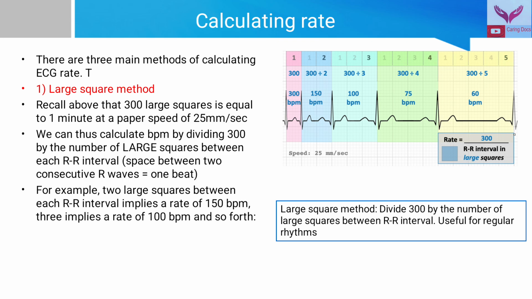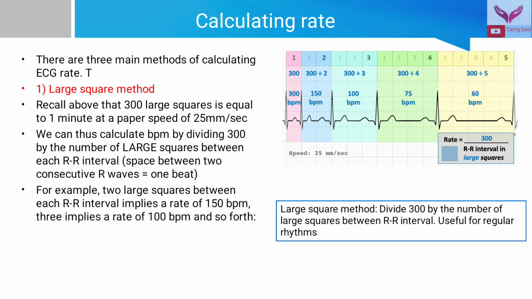Here we recall the above: 300 large squares is equal to 1 minute at a paper speed of 25 millimeter per second. We can thus calculate heart rate by dividing 300 by the number of large squares between each RR interval, that is the space between two consecutive R waves, that is one beat.